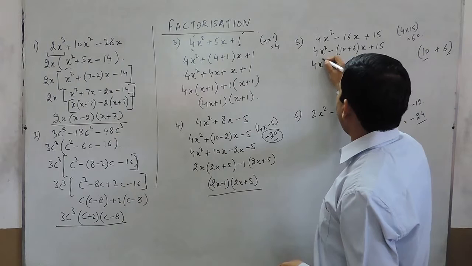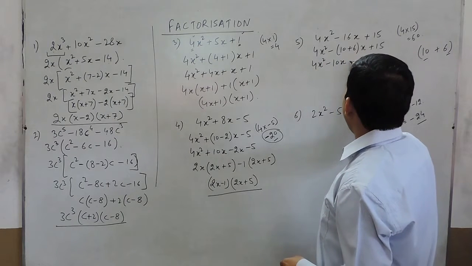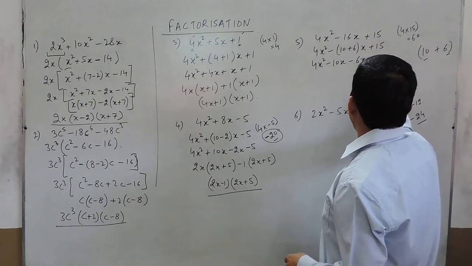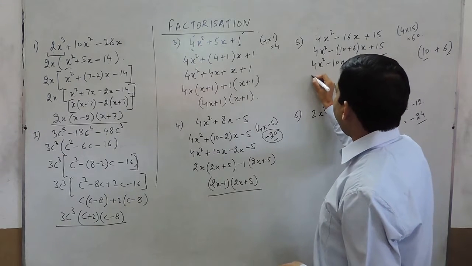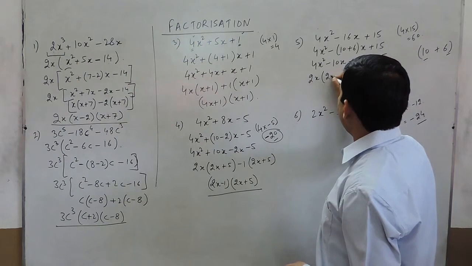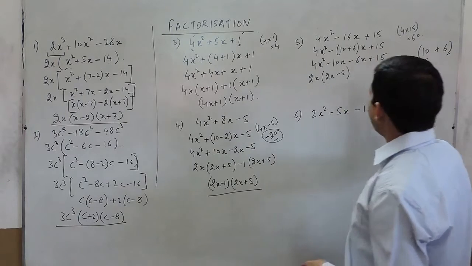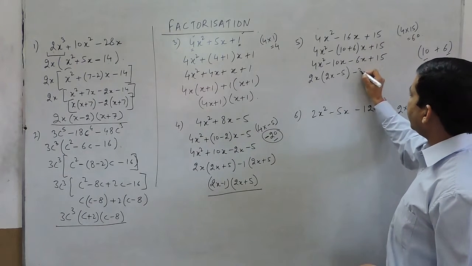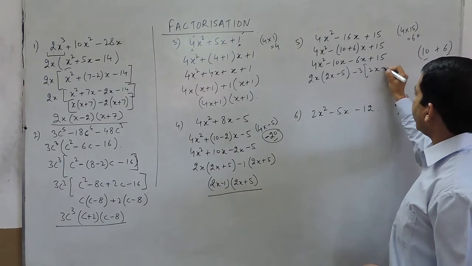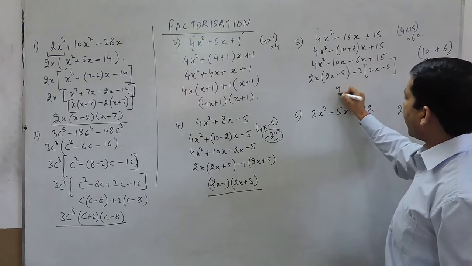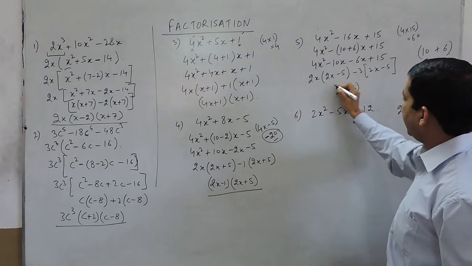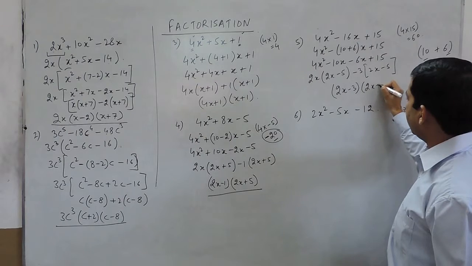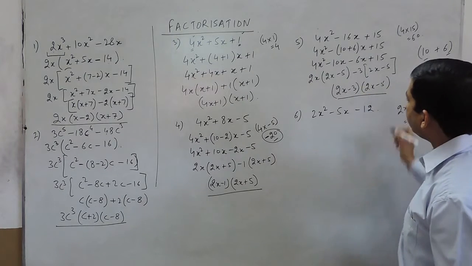So it is 4x square minus 10x minus 6x plus 15. When we take 2x common, it becomes 2x minus 5. Here we will take minus 3 common, it becomes 2x minus 5. So the two factors are 2x minus 3 and 2x minus 5.